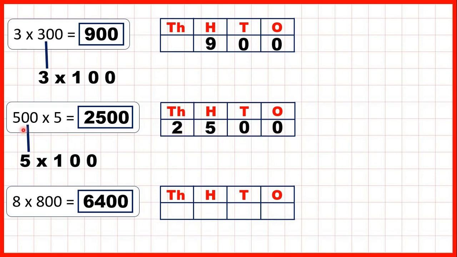And that's why we can multiply the non-zero digits in the question and then put 2 zeros on the end of our answer. Now we had 8 times 800. 800 is the same as 8 times 100. So we could do 8 times 8 first to get 64, and then we could put 2 zeros on the end because multiplying by 100 moves the digits 2 place values to the left.